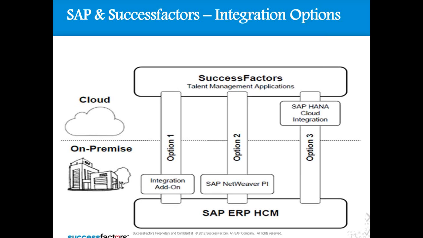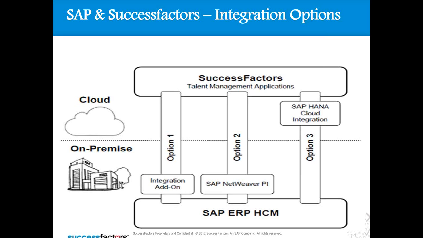The second option is NetWeaver PI, which was previously called Exchange Infrastructure. This is a middleware integration solution which is used to integrate and transfer data between different SAP technologies. Around 35% of SAP HCM customers are already using SAP PI in their existing system landscape.